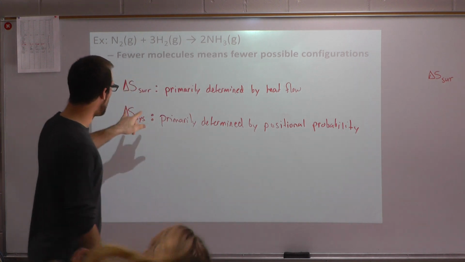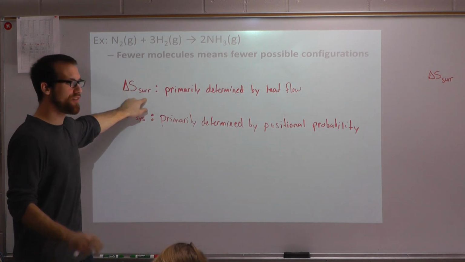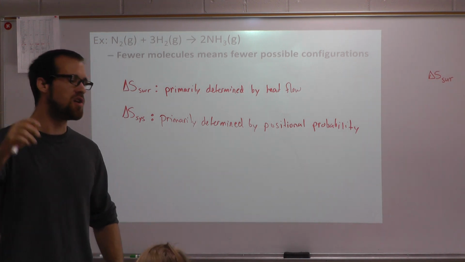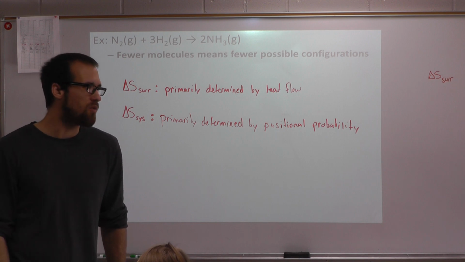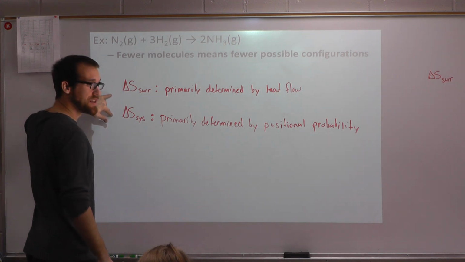And then the next day we talked about the surroundings and how if energy is going out to the surroundings or being absorbed by the surroundings, or if energy is being taken from the surroundings, that's the primary way to determine the entropy of the surroundings. And these two oppose each other, usually.